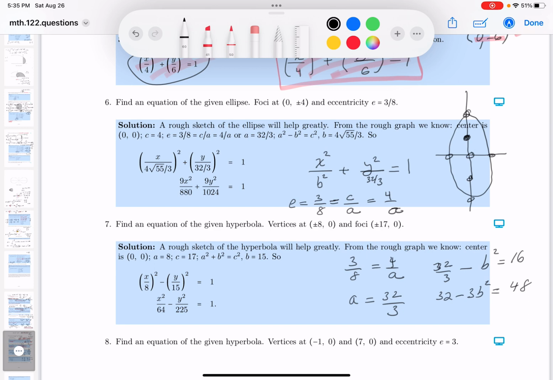I think I made a mistake somewhere. And I got to think what I just said. Oh, I'm sorry. I made a mistake here. This is 32/3 squared. Sorry about that. That's the A squared, I mean. My mistake.